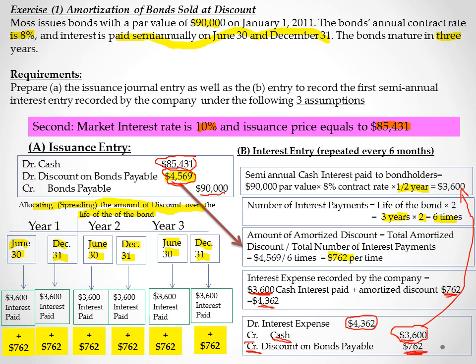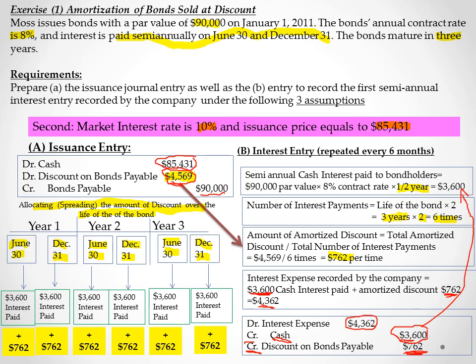Then, in order to make the debit side equal to the total credit side, we have to add in the credit side 762, the discount on bonds payable. Remember that discount on bonds payable increases in the debit side and decreases in the credit side. So now we decreased the discount on bonds payable. When we credit discount on bonds payable, this means that we reduce its balance.